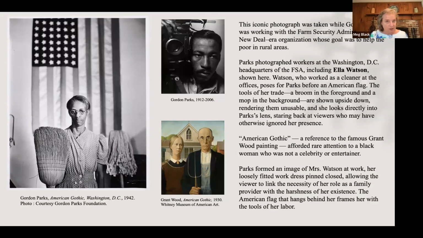And he shows it to Mr. Steiner, and Mr. Steiner says, no way are we publishing that. He said, you got the idea, but we cannot show a Black woman as a cleaner in front of the American flag to the public at this time. And so the photograph ended up in a drawer and was never published at the time. It was not published till the late 1950s.